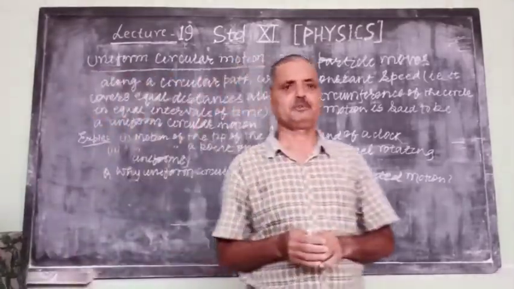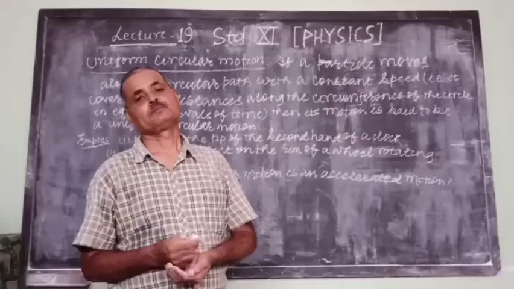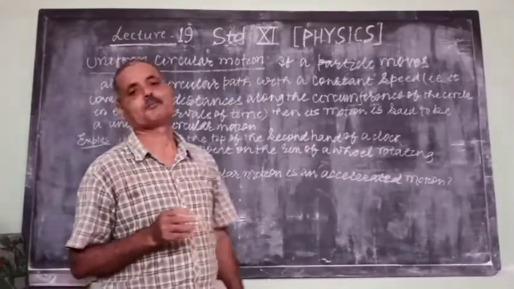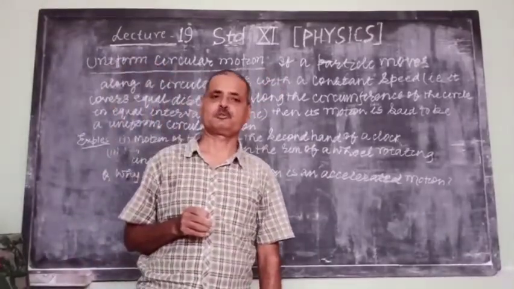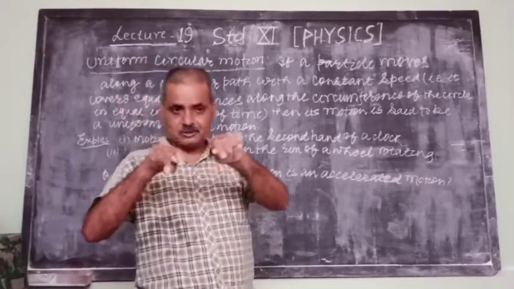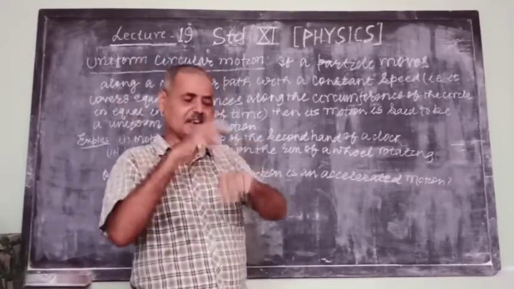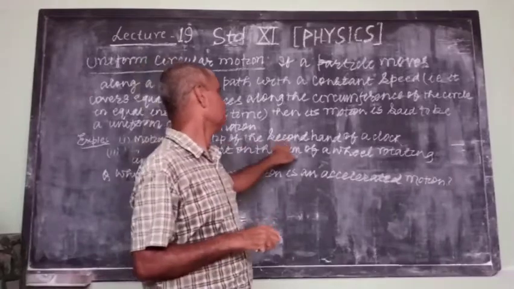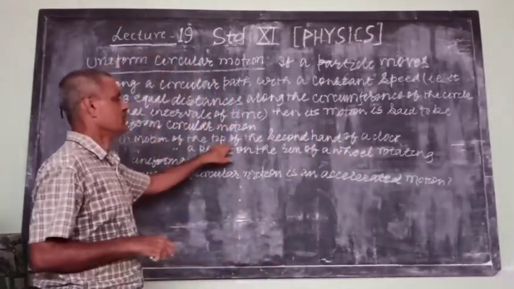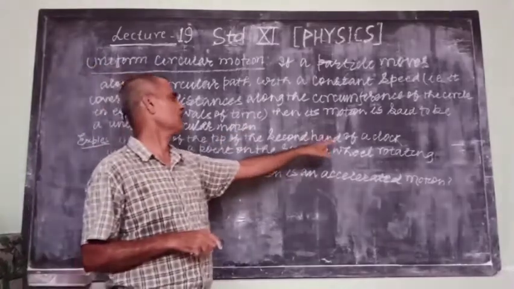Examples of uniform circular motion. First example, I have told all of you about the second hand of a clock: the motion of the tip of the second hand of the clock.